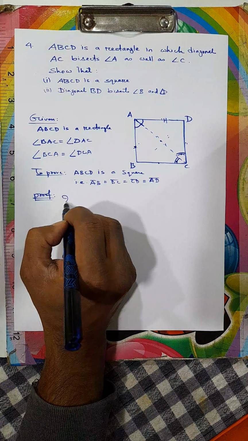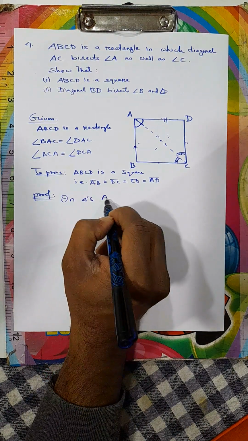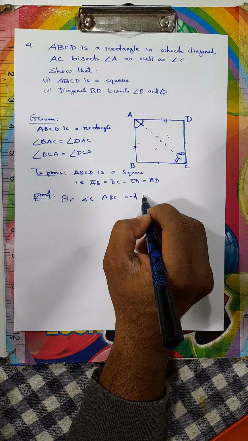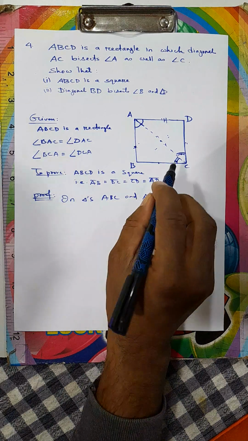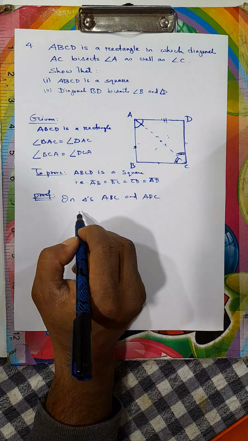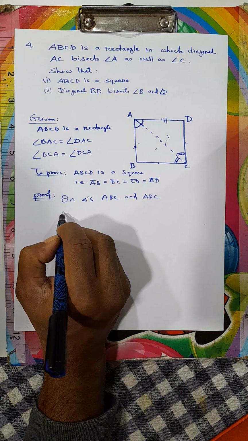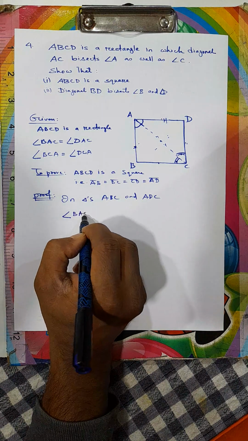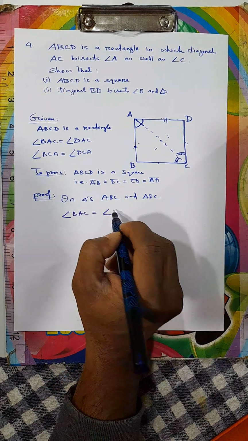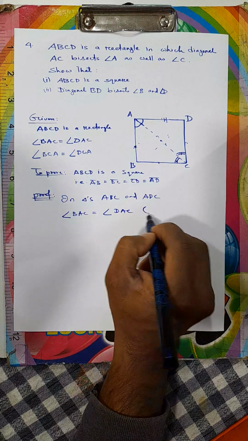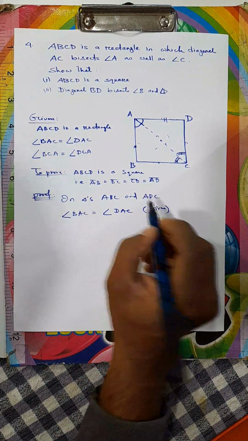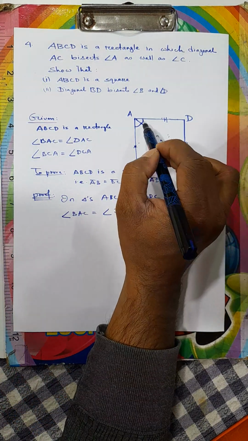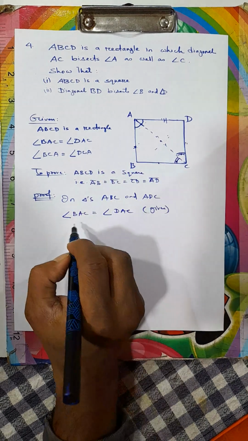So we consider triangles ABC and ADC. Let us consider these two triangles. We find that angle BAC equal to angle DAC, given. Right? This was the first condition. BAC equal to DAC. This diagonal bisects angle A. These two angles are equal.